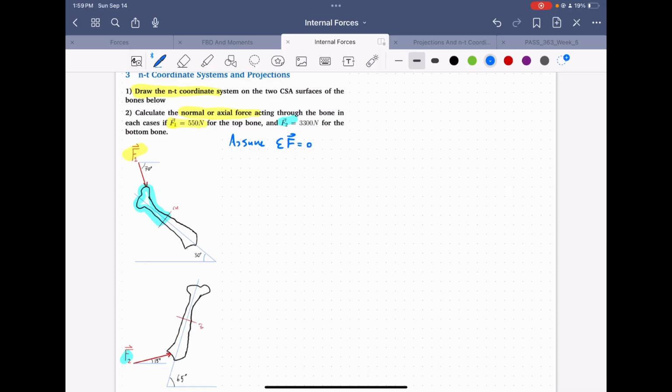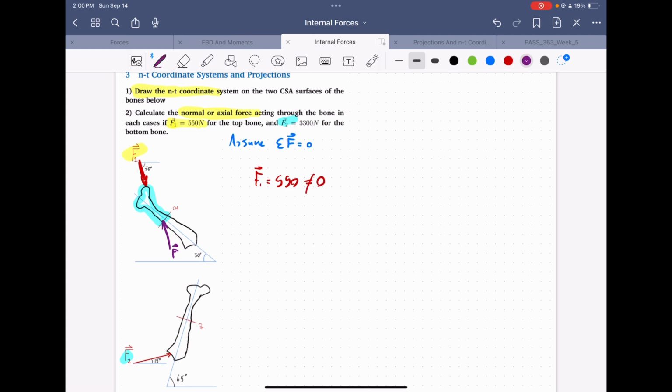This force would normally cause this portion of the bone to move. But we're assuming that this bone is not breaking and not moving. Therefore, we know that there has to be some reaction force on the other side to stop it. Because we know that F1, which equals 550, does not equal 0.